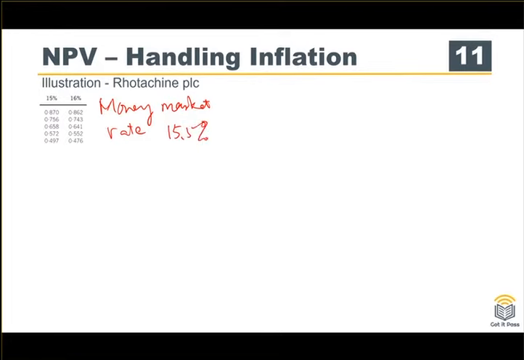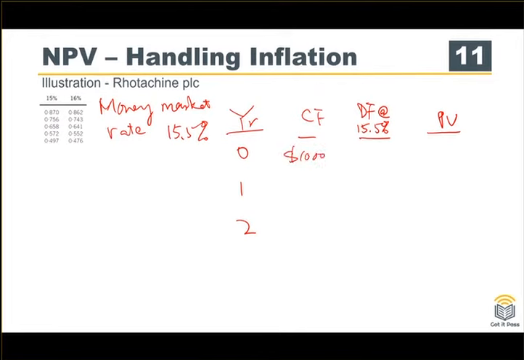The initial investment is 1,000, and then the cash flows are 800 and 600.